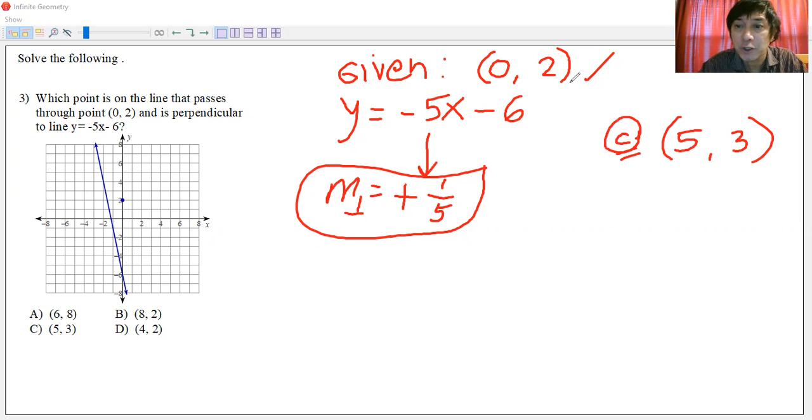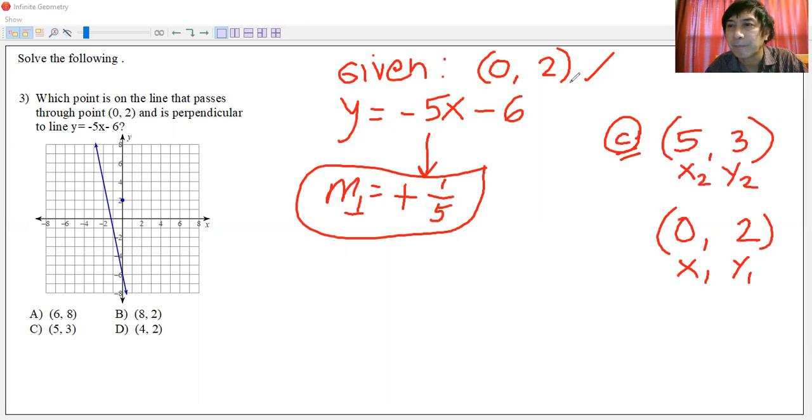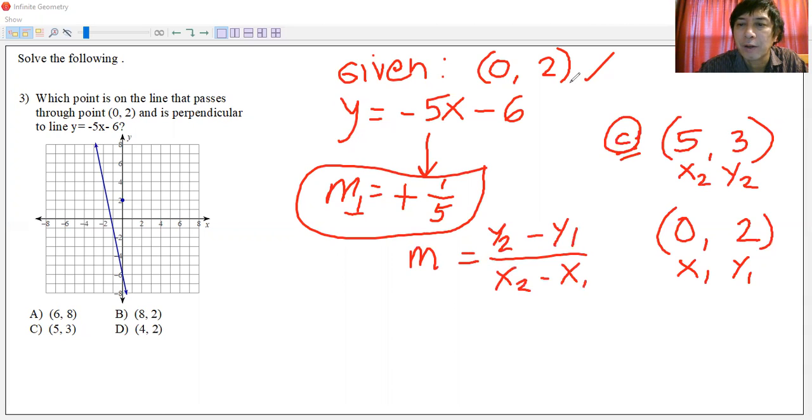If we're going to use this together with 0, 2, we can label the 0, 2 as x1, y1, and label the answer as x2, y2. There. And then we can use the formula. M is y2 minus y1 over x2 minus x1.